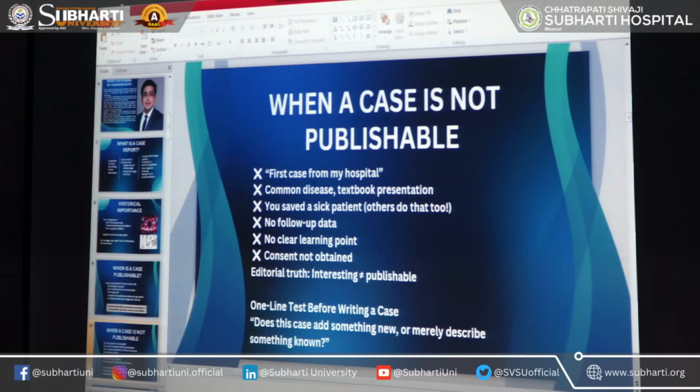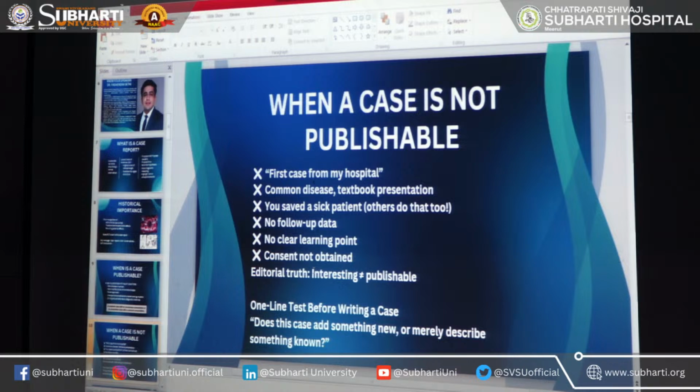And the last line in that case: does this case add something new or merely describe something known? Suppose I had a patient who developed subarachnoid hemorrhage.